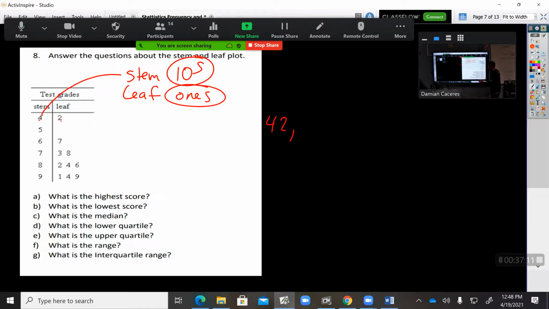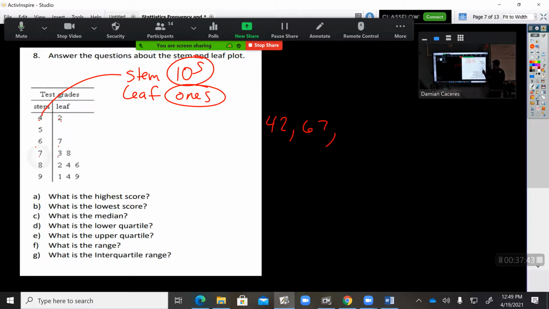It would be 50 if there was a zero there, because the ones value is a zero. But if you don't see a zero there, that tells you there are no values in the 50s. Does that make sense? That's why this example is important: if there is a zero there, 50 is one value. If there's nothing there, that means no value falls in that tens place. So my second number is 67.